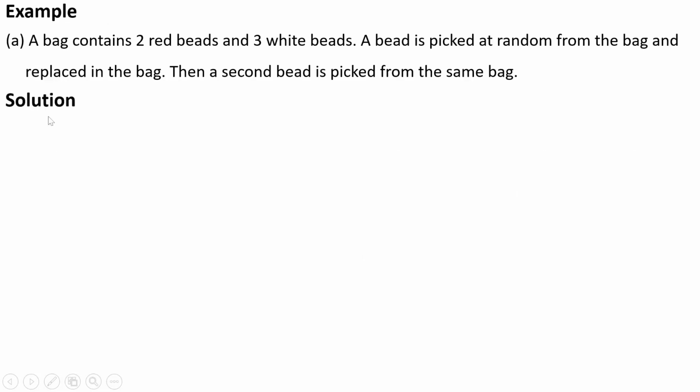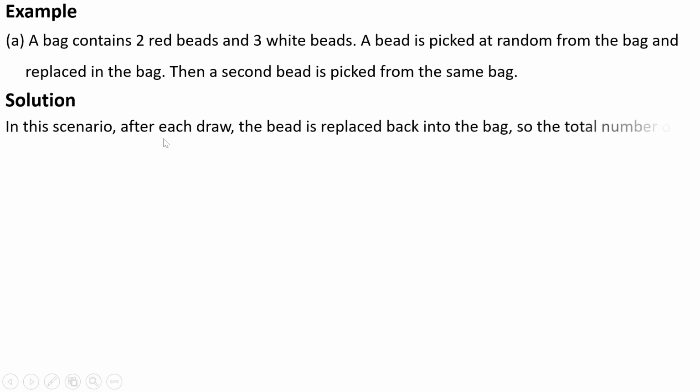Let's say solution. What you need to take note of is that in this scenario, after each draw the bead is replaced back into the bag, so the total number of beads remains the same for both draws. We are told we have 2 red beads and 3 white beads in a bag, and the bead is picked at random and replaced.